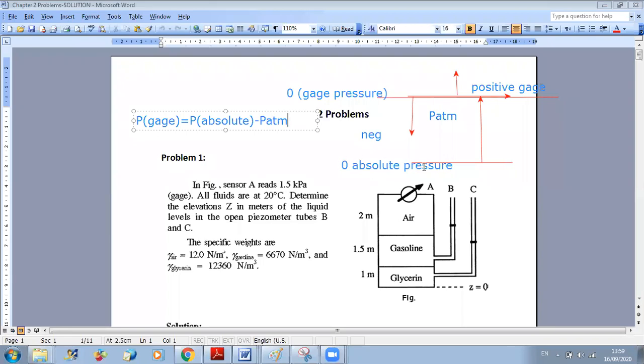The 0 absolute pressure is a pressure that you cannot go below. It's the minimum possible pressure you can reach. Because we are living in the atmosphere and we use the atmospherical pressure a lot, we might consider a new reference.